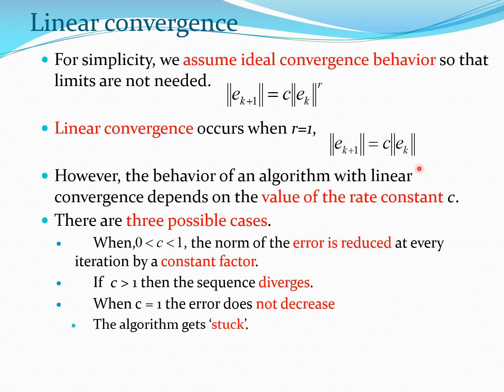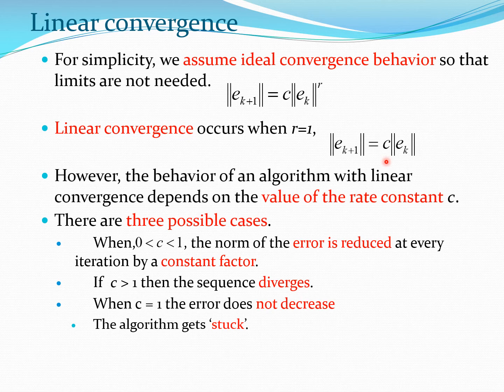But you may have linear convergence, but the actual behavior of your algorithm is going to depend on the value of the rate constant c. So for example, we can consider three possible cases. When c lies between 0 and 1, you can see that the norm is going to keep getting reduced, and this reduction is going to take place by this constant factor.